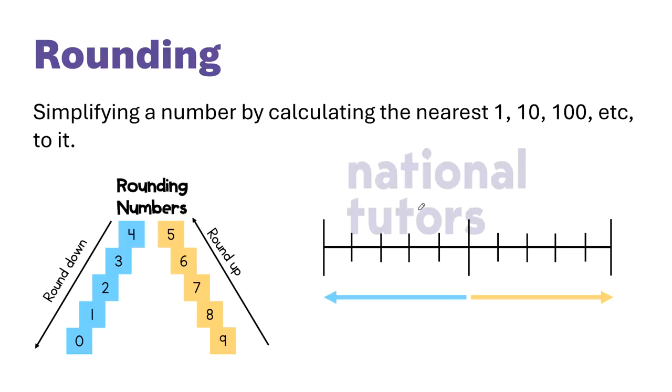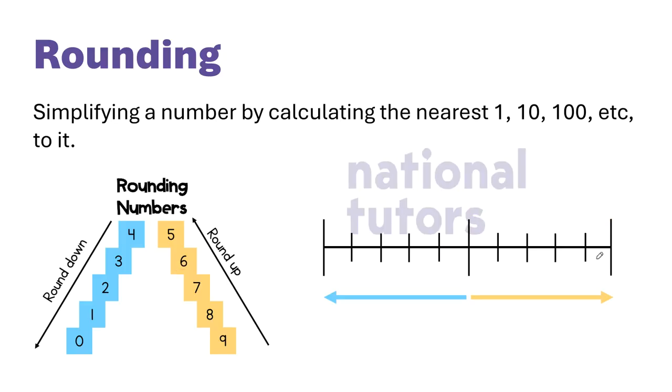So if I may give you the example of 14 again, 14 ends in the number 4, that's in my blue section, so I'm going to round down to 10. If, however, I had the number 16, that's in my yellow section, it ends with a 6, so I would round up to my nearest 10, which would be 20.